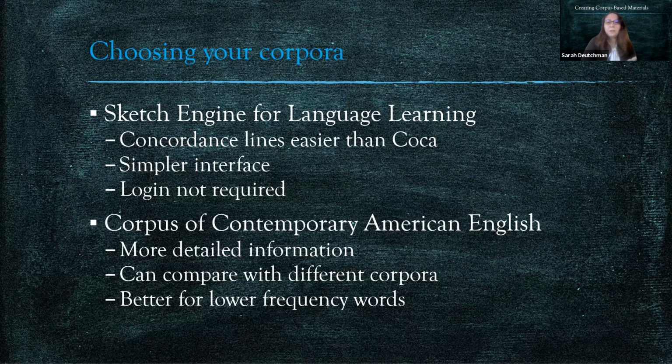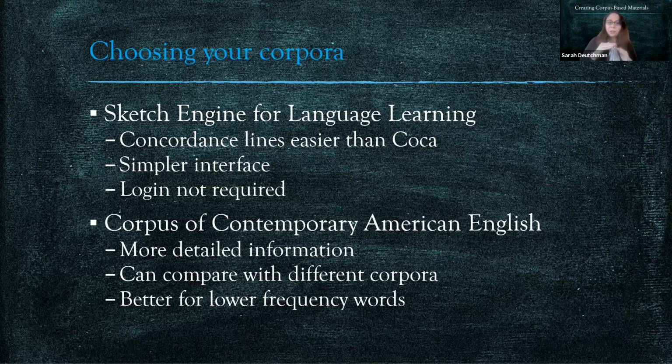With the COCA corpus, the information is a lot more detailed, so you can get not just a sentence, but also the paragraph where the word was originally found. You can compare, if you want to look at American English compared to British English and see what the difference is, you can do that. And it's better for lower frequency words, so words that aren't so common.